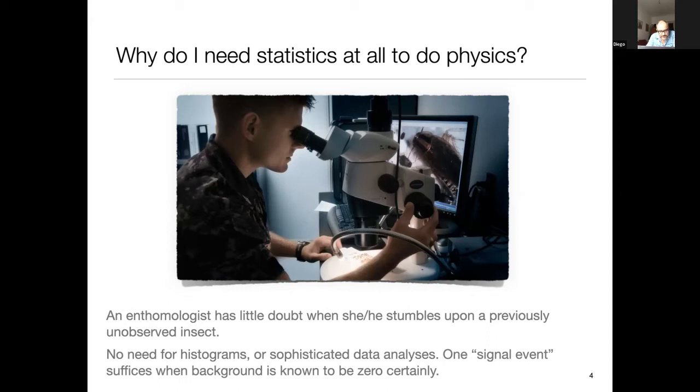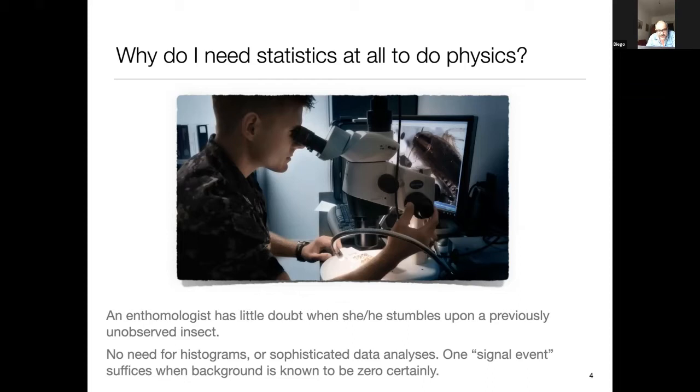In fact, if you think about other sciences, if you think of an entomologist exploring some remote regions, and they find some strange insects, they just look at it under the microscope, and I don't think they need any statistics to state and understand that they've discovered an anomaly, something that has not yet been described in the insect literature, right? So they do not need to make any histogram or sophisticated data analysis.